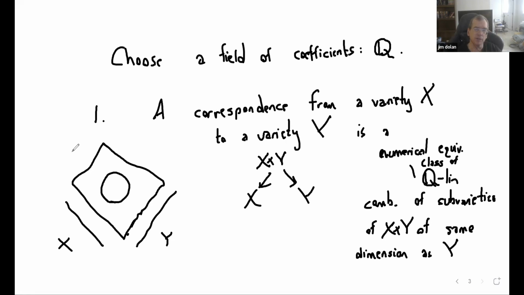Am I saying that right? Is that automatic? I'll have to think about that.